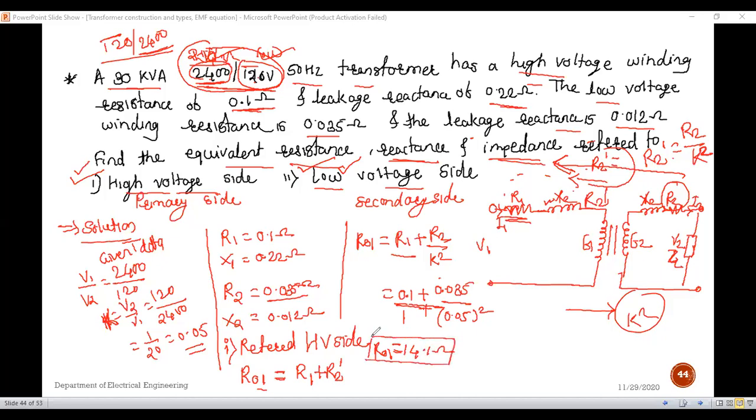Similarly, calculate the equivalent reactance referred to high voltage side. X01 is equals to X1 plus X2 dash. Again X2 dash is equals to X2 divided by K square. Put the values and tell me the value of X01. You were asked to calculate resistance; reactance as well as impedance also have to be calculated.